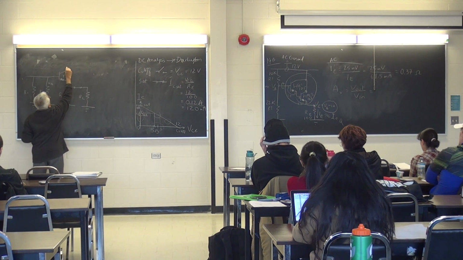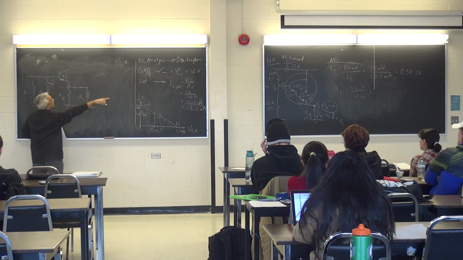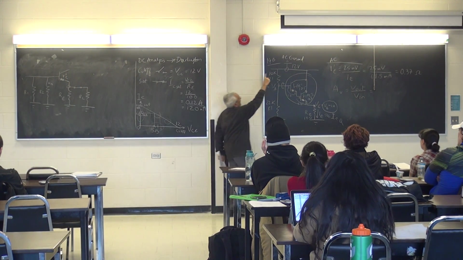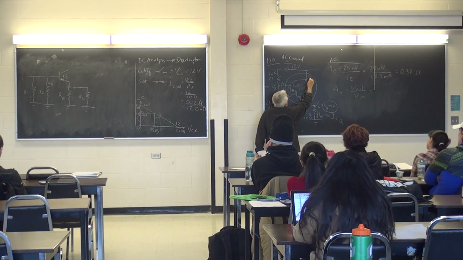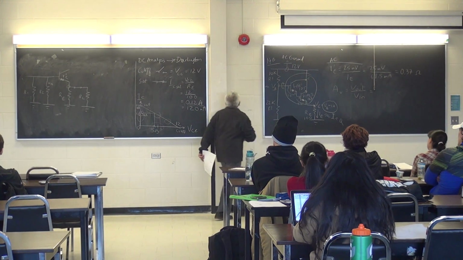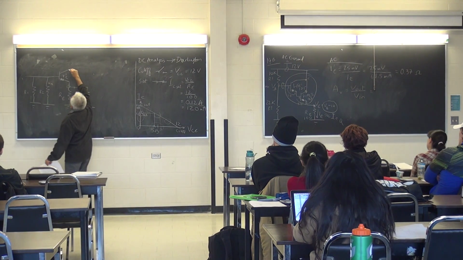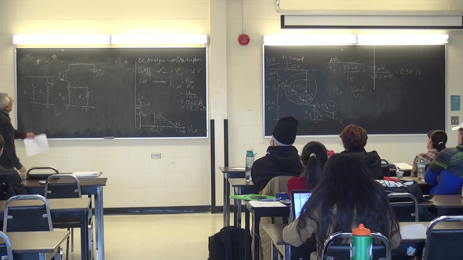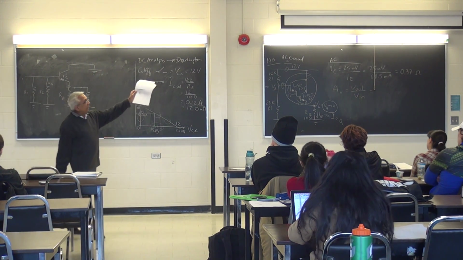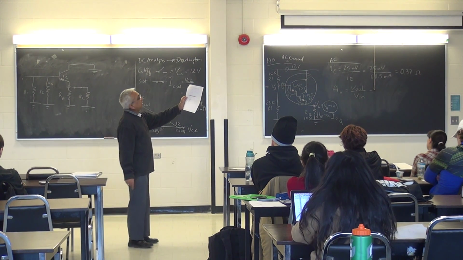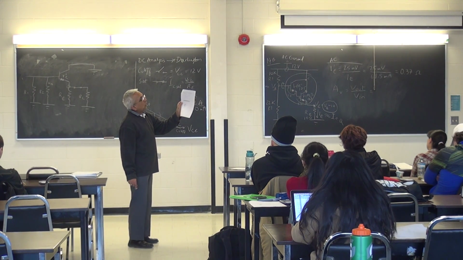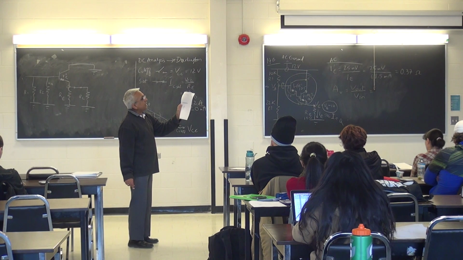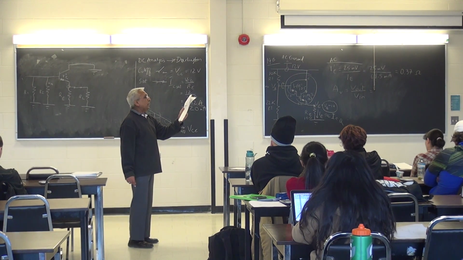And your R collector is connected basically to an AC ground. So the collector is connected to AC ground, so I show it like this. So that's my AC equivalent diagram on page 3 for a common collector.